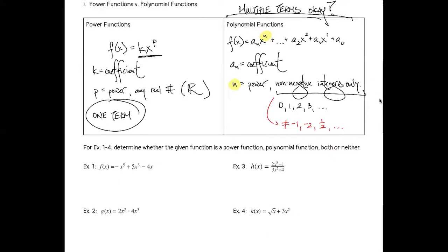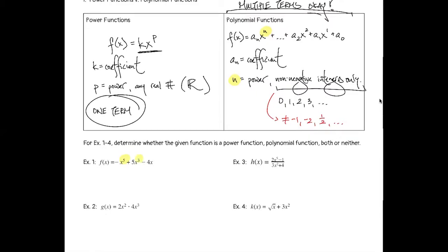Polynomial, right? It's got more than one term, so there's no way it's a power function. But we also have to check, this is a power of 5. Is 5 a non-negative integer? Yeah, 5 is a non-negative integer. 3 is a non-negative integer, but what's the power for x here?